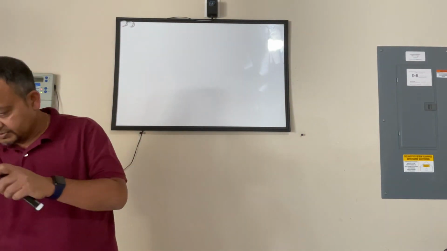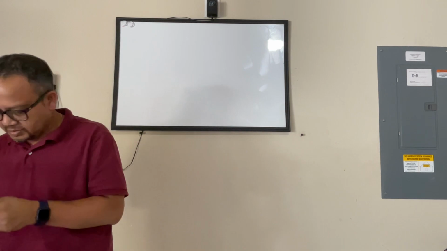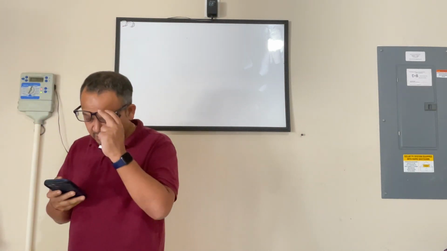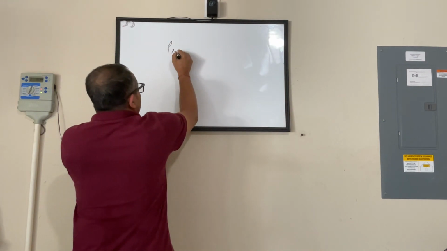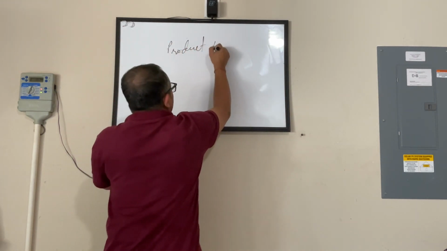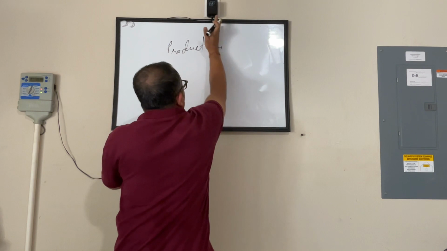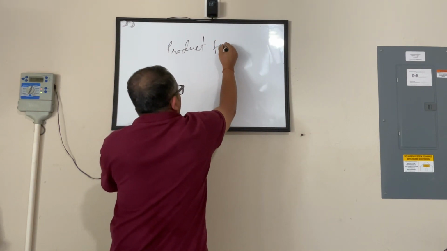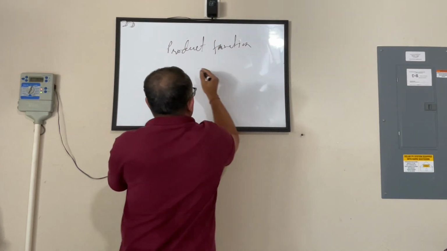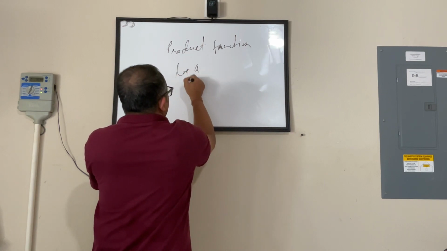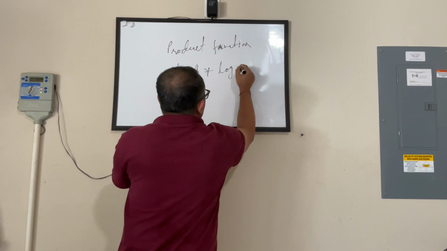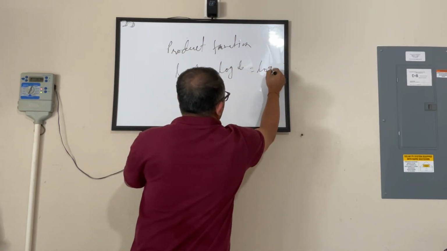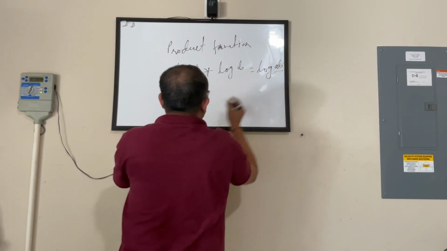Product function, power function, and division function. So one is called the product function, which is log A plus log B equals log AB. My base is the same.